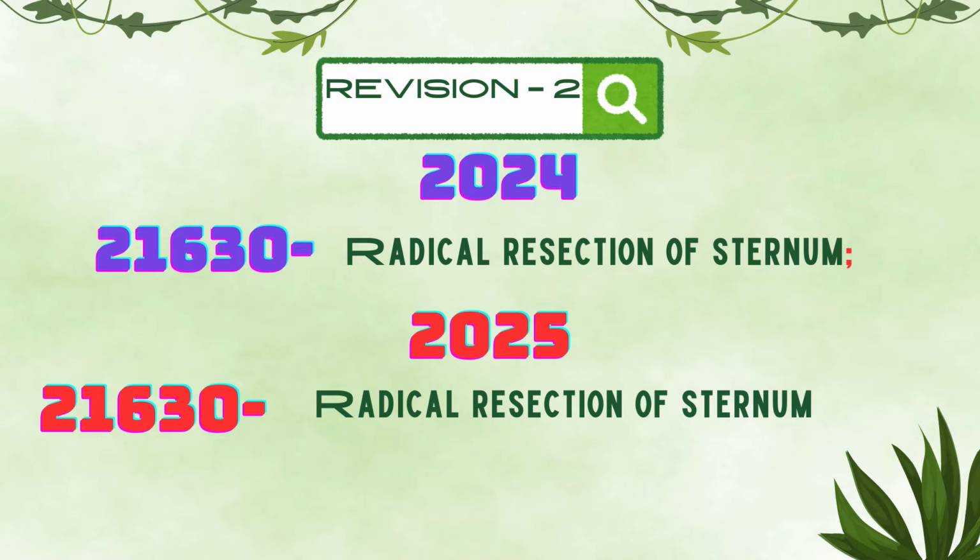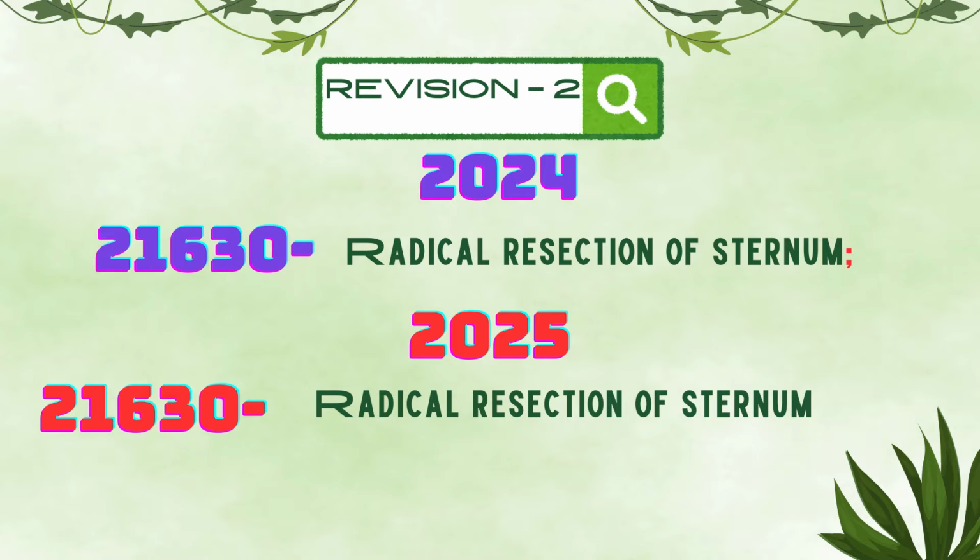Well, let's see the revised codes for this chapter. There are 2 codes that have been revised. The first one you can see here is 21630. The code descriptor states radical resection of sternum semicolon. This is how you will find the code listed in the CPT manual for the year 2024.